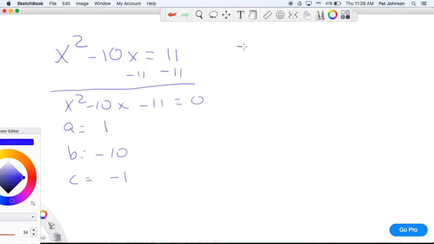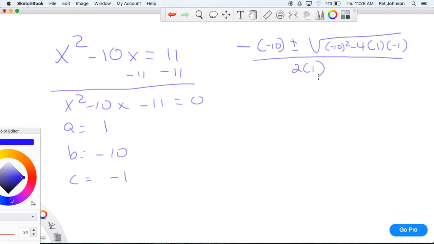So we're going to start with negative b, and what is b? Negative 10, plus or minus the square root of negative 10 squared minus 4 times a times c, all over 2 times a.